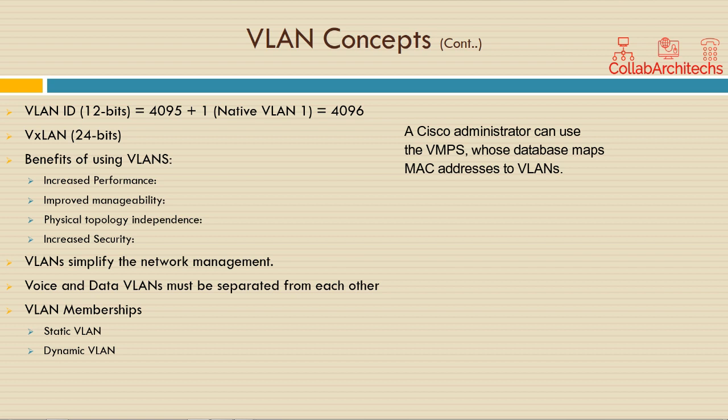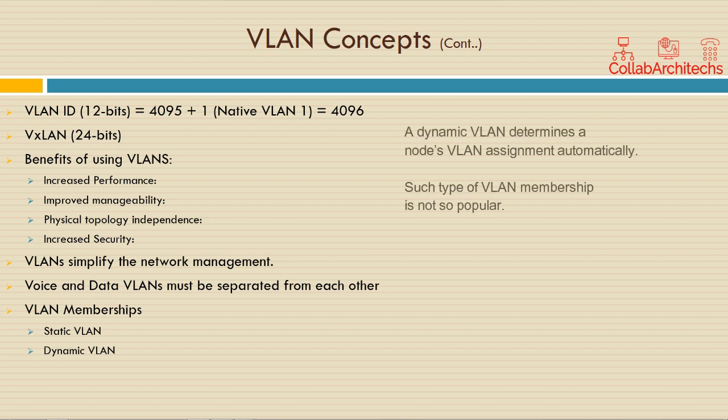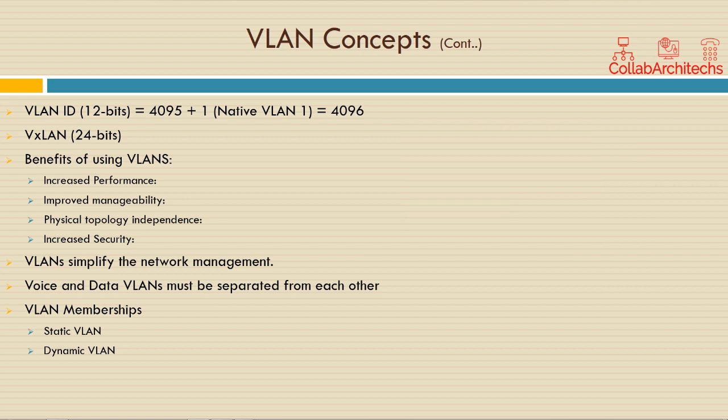A Cisco administrator can use the VMPS whose database maps MAC addresses to VLANs. A dynamic VLAN determines a node's VLAN assignment automatically. Such a type of VLAN membership is not so popular.